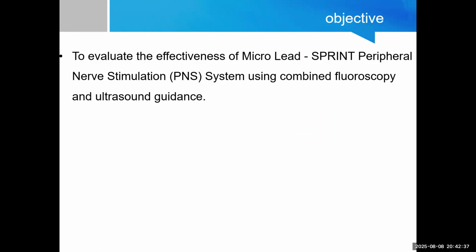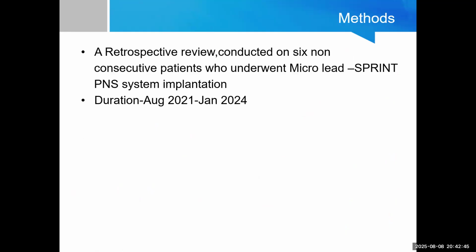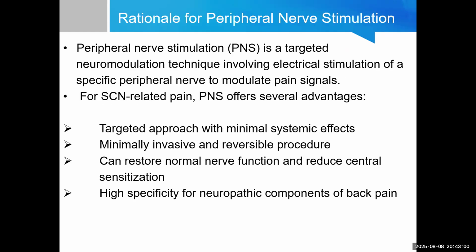So the objective of this paper was to evaluate the effectiveness of microlead SPRINT peripheral nerve stimulation using combined fluoroscopy and ultrasound guidance. It is a retrospective review conducted on 6 non-consecutive patients who underwent this system implantation. The duration of the study was from 2021 to 2024, since they followed the patients up to 2 years.